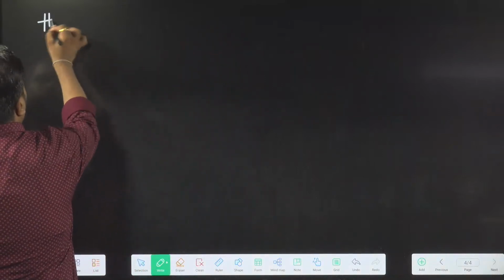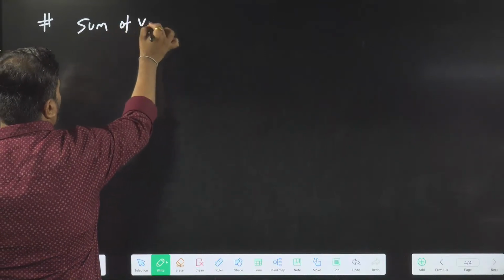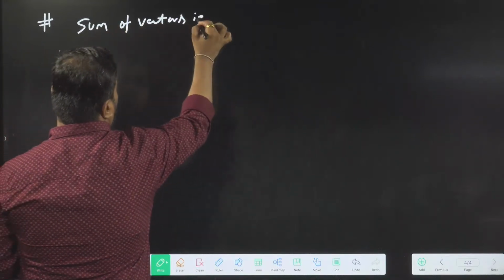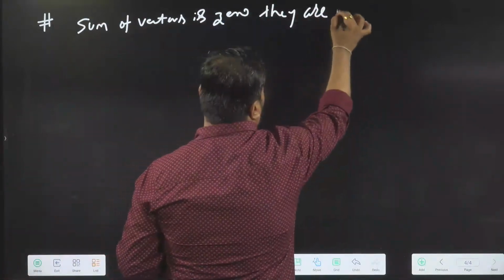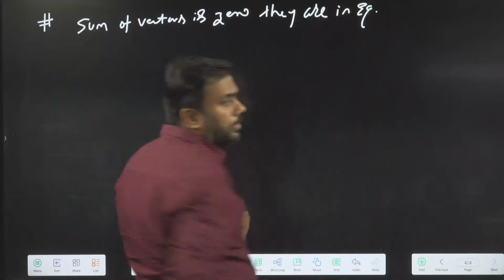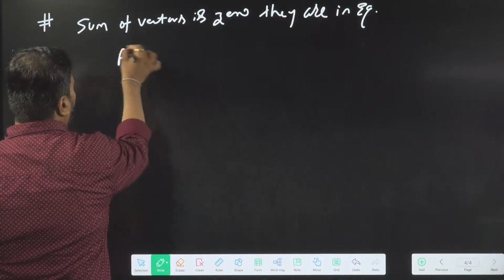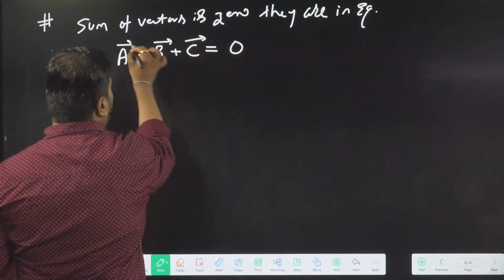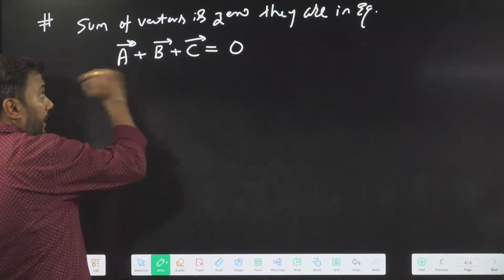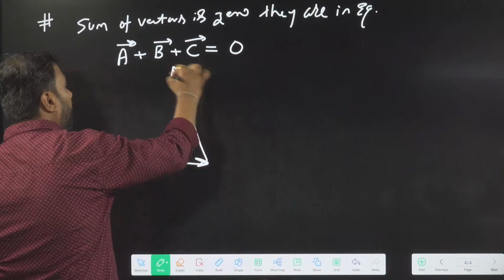If the sum of vectors is 0, they are in equilibrium. And for the special case of three vectors whose sum is 0, they create a triangle. I told you about Lamy's theorem in the previous class.